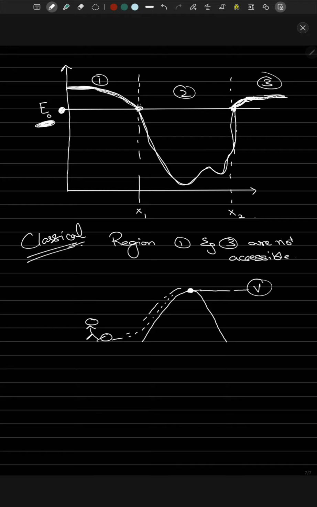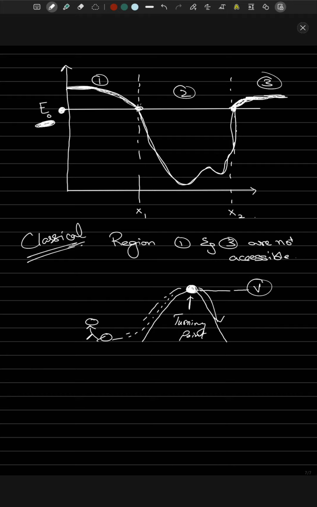However, if you give it enough energy E, then it would cross what is called a turning point, and it would go on the other side of the hill, right?